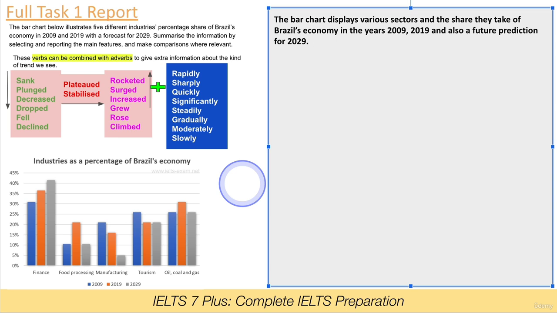The bar chart displays various sectors and the share they take of Brazil's economy, or Brazil's, we could say maybe, finances, in the years 2009, 2019, and also a future prediction for 2029.